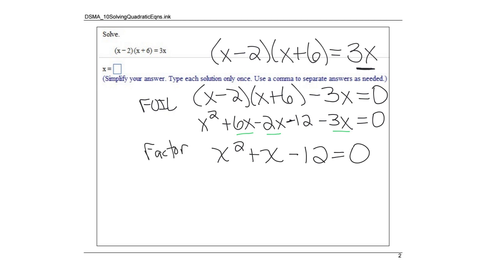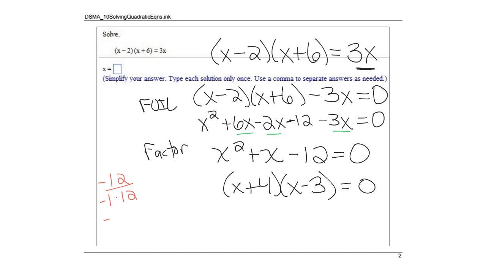So I need factors of -12 that sum to that 1 in the middle. So I would have x plus 4 and x minus 3, right? If I look at my factors of -12, and of course I want the largest number to be positive, I would have -1 times 12, -2 times 6, and -3 times 4.